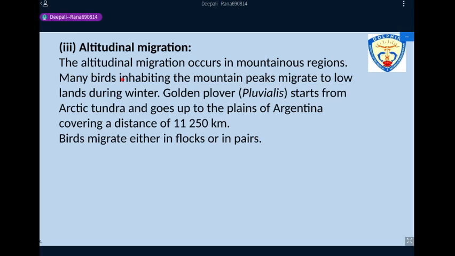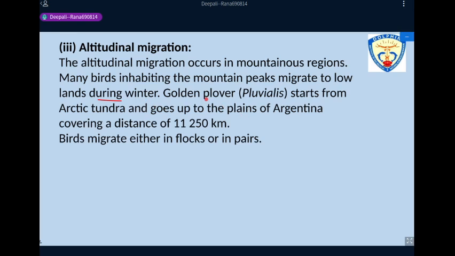So this gives the signal to the birds that they should migrate to the lowlands where the conditions are favorable and they can cope with the extreme climatic conditions.